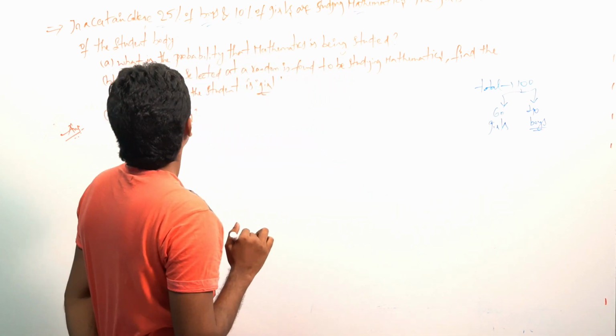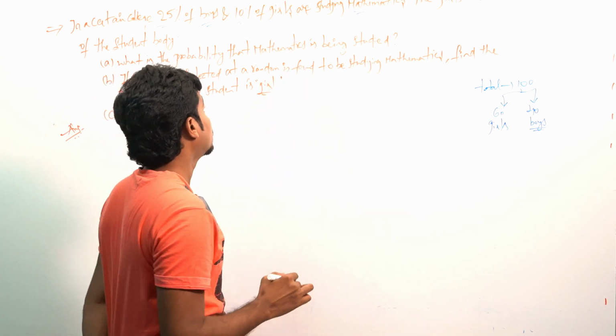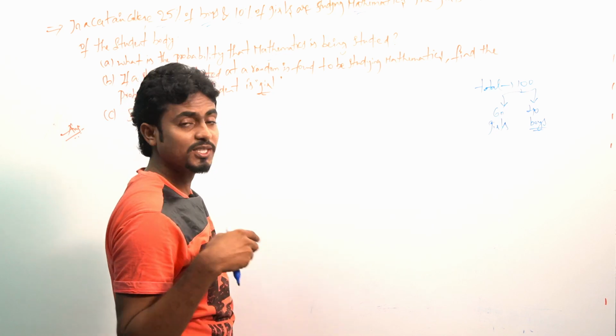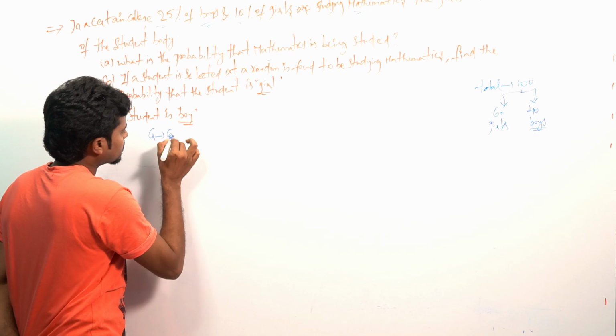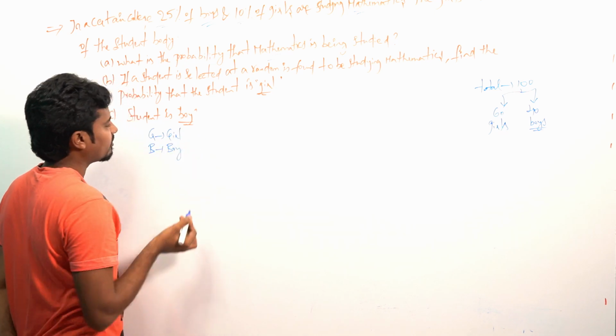Next, what is the probability that mathematics is being studied? Let G represent the girl and B represent the boy.